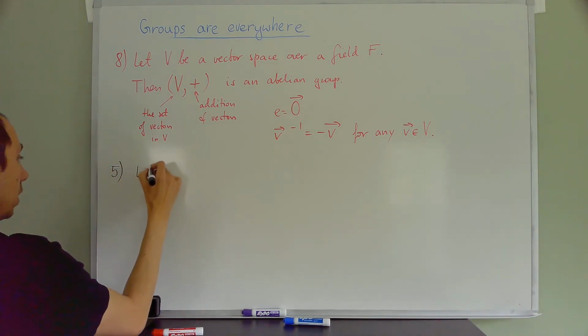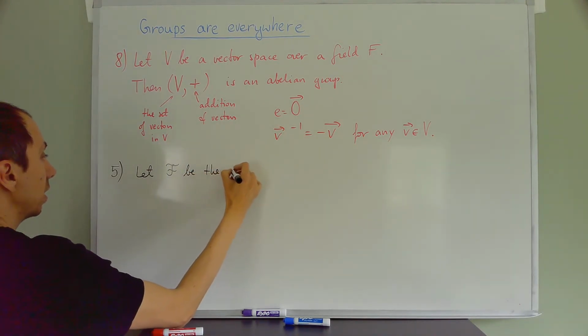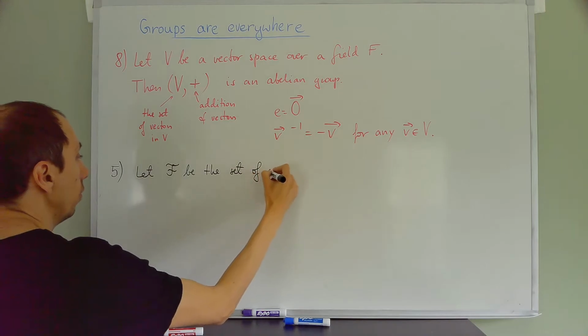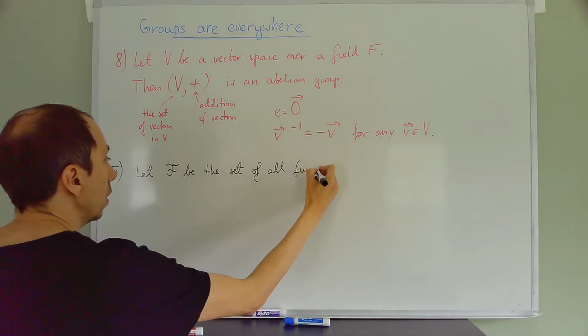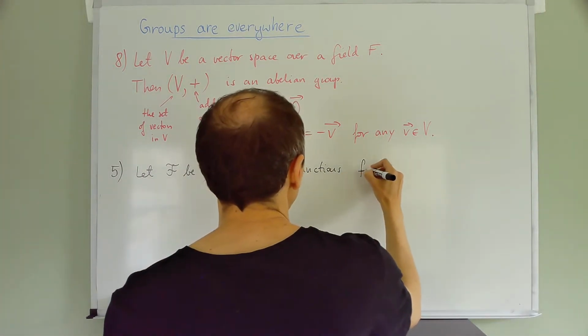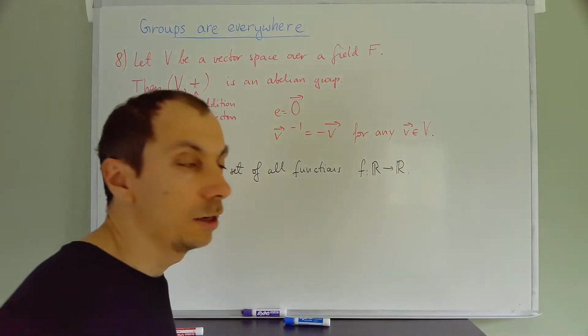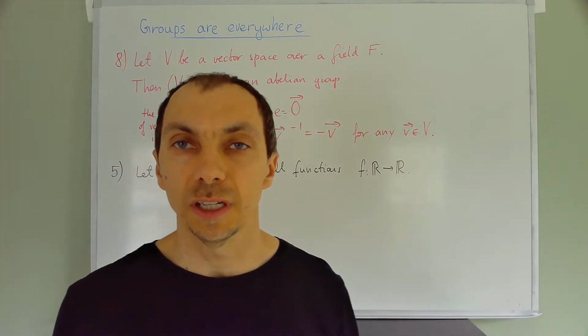Consider, so let F be the set of all functions f from R to R. Now, this is an enormous set. It's not even countable.